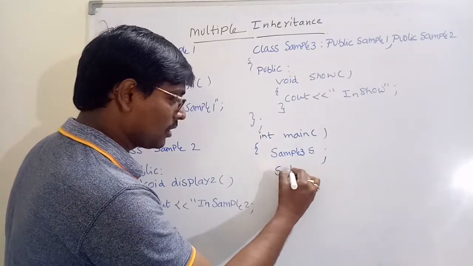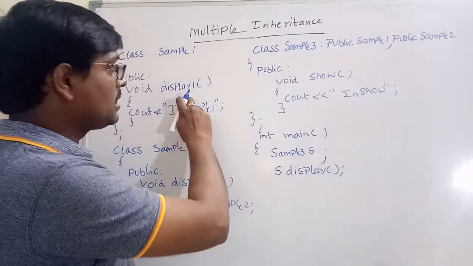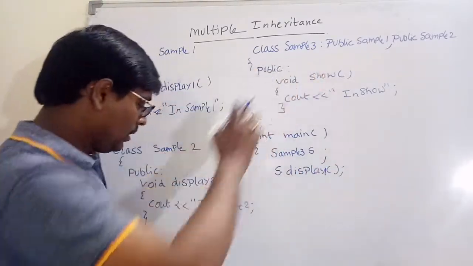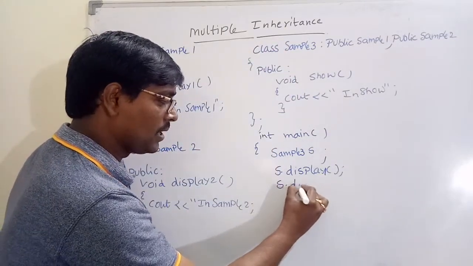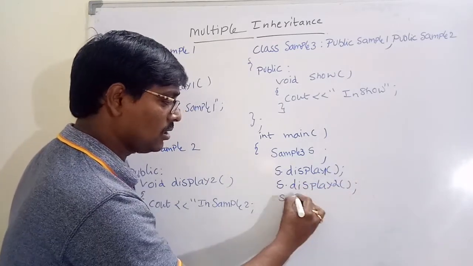Now I call the functions. The display 1 is available in sample 3, and display 2 is also available in sample 3. So s.display 1, s.display 2, s.show.